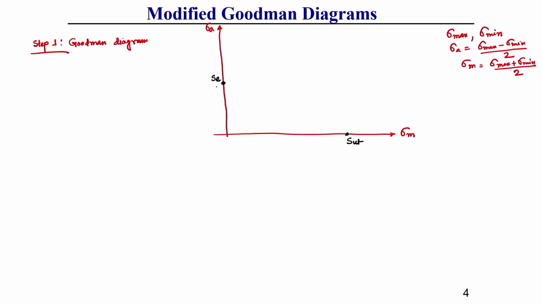Let us consider this point A and this point B. Now I am joining these two points A and B. This AB line is called the Goodman diagram. First of all, we need to draw the Goodman diagram AB.